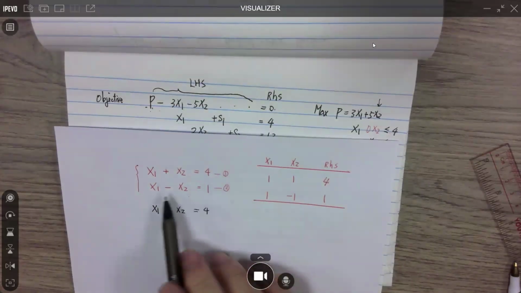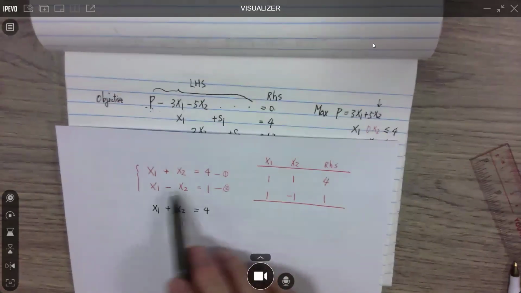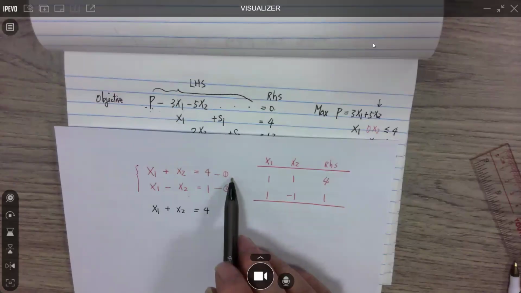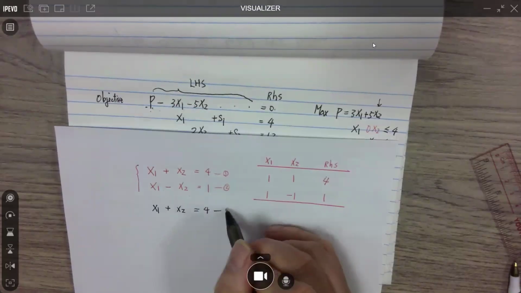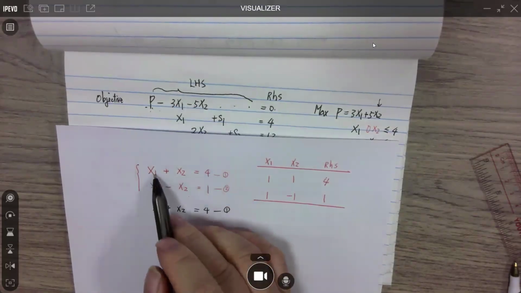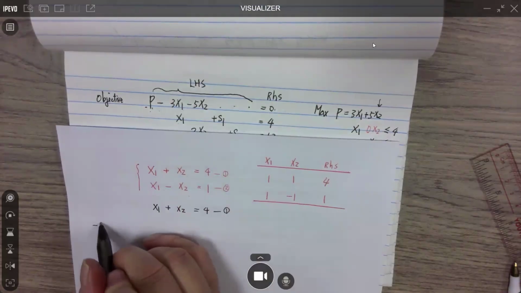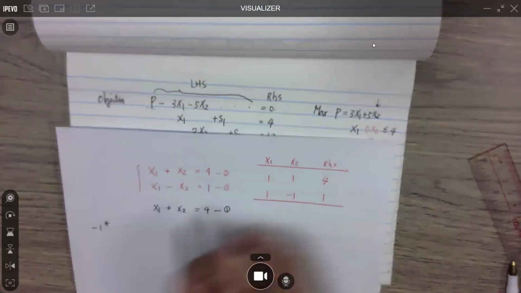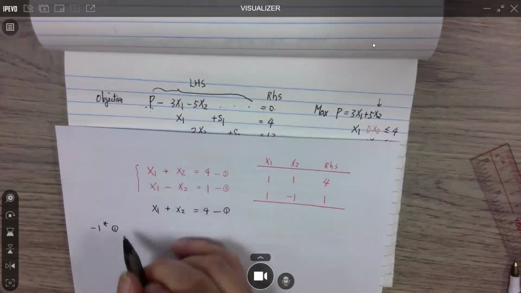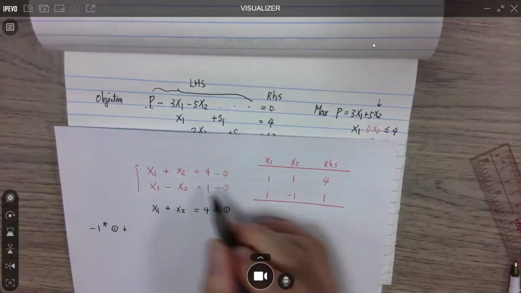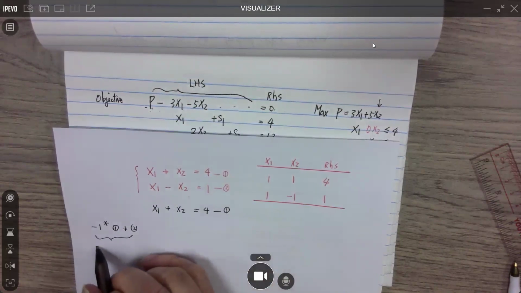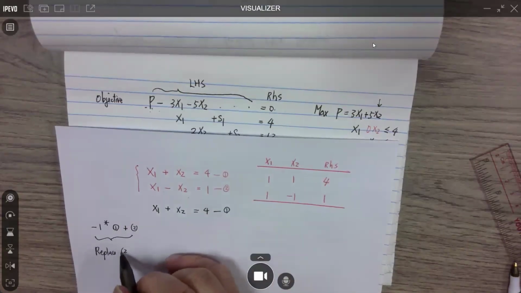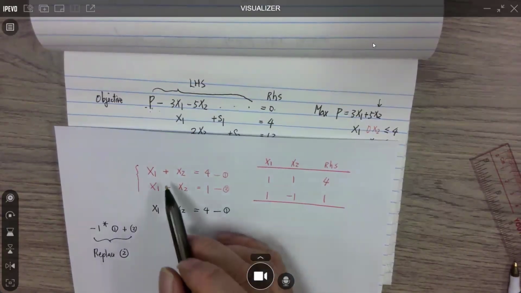But in order to solve the system, I multiply equation 1 by minus 1 and then add it to equation 2, and the whole thing replaces equation 2.